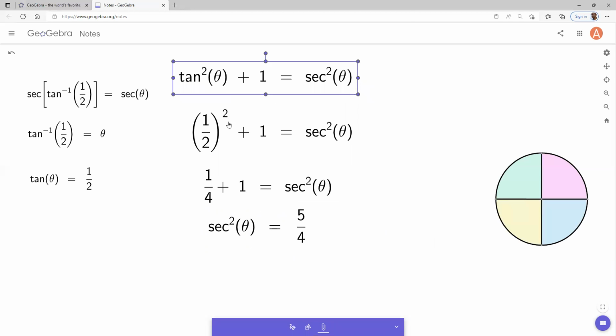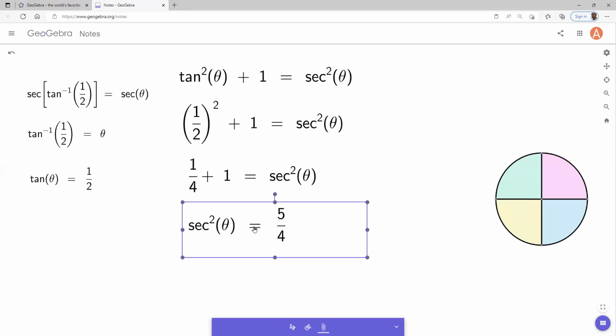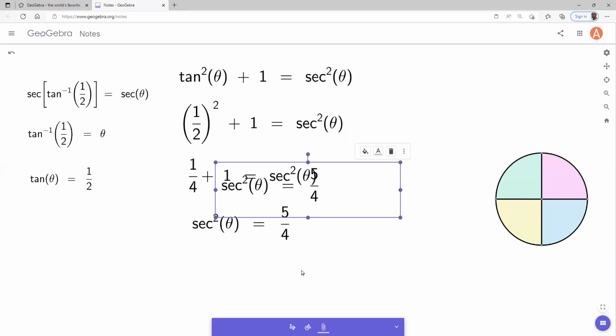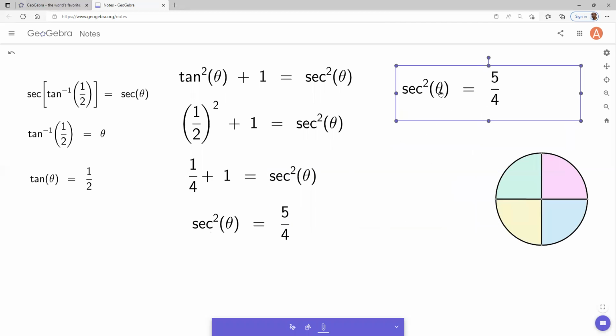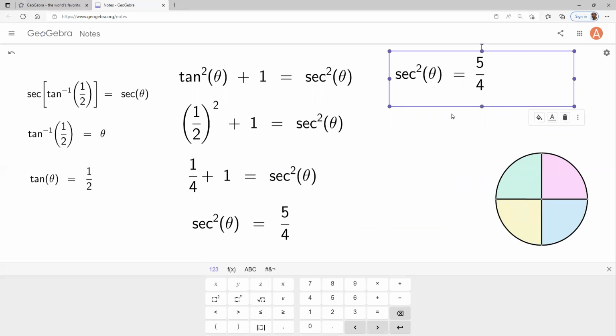I have to find the value of secant theta, and one way to do it is to find the square root of both sides. And let's see what we get. And don't forget the plus minus.